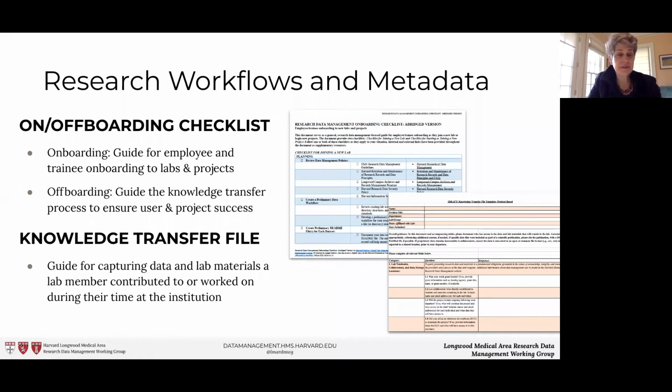We've also developed, and are in the final stages of developing the first version of, a knowledge transfer file that we're just beginning to roll out hopefully this summer.